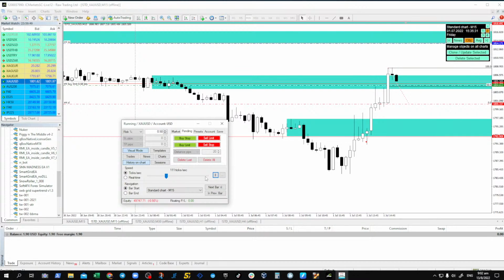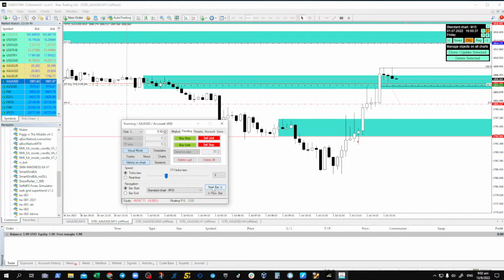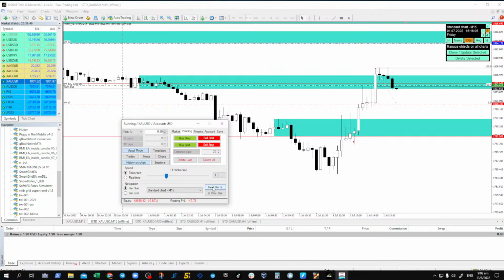We will take our entry. If not, that's fine. Next bar, okay, you make a bullish rejection candle. Wow, still correctively going down. Okay, so we are in a trade.